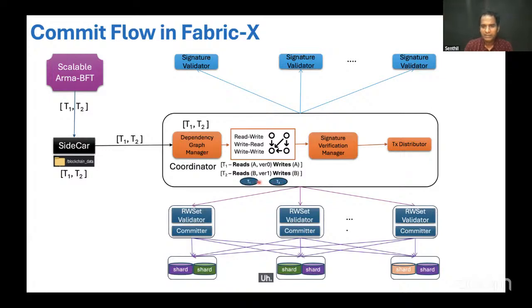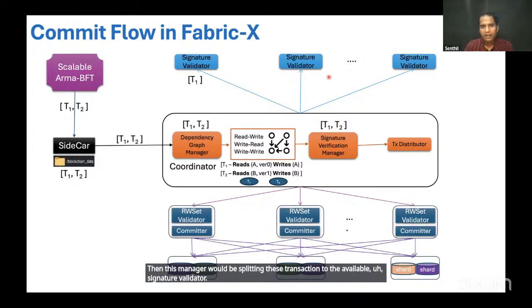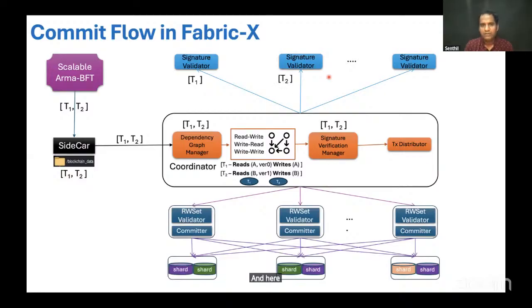So the independent transactions can go to the signature verifier manager. Then this manager would be splitting these transactions to the available signature validators. And here T1 goes to one validator and then T2 goes to another validator.